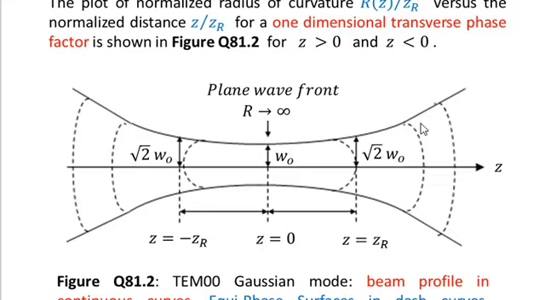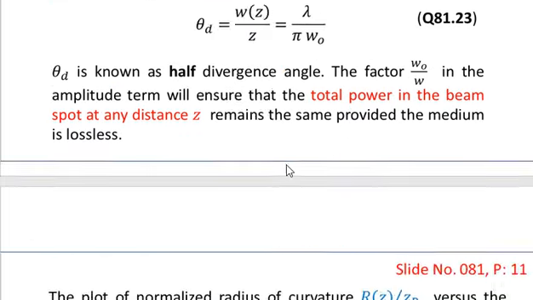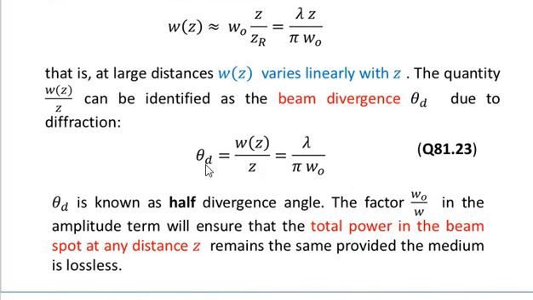So after a distance beyond z equal to zr, if you trace back this curve to meet the z equal to 0 plane, then the angle made by the dotted lines, which is not shown in the figure but of course can be obtained by extending the solid curve backward, will give you the theta d value. That theta d value will be the beam divergence angle.